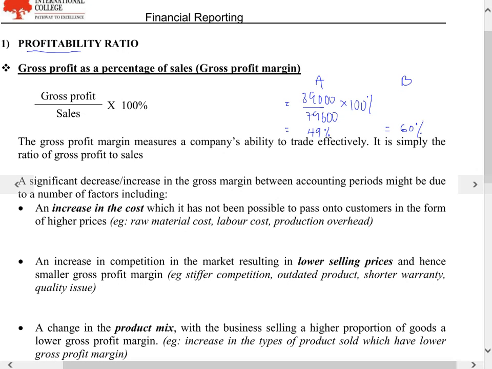Decrease, down. The margin increases for B, or is higher for B. Means selling price, what happened? For which company? What happened? Oh, GP margin higher than this.